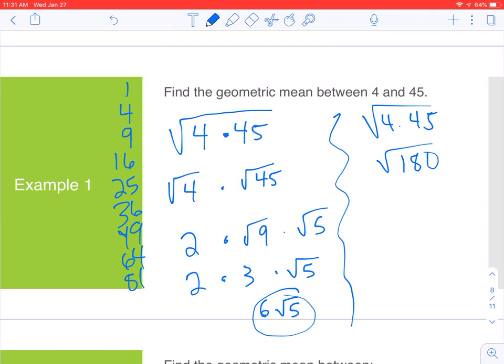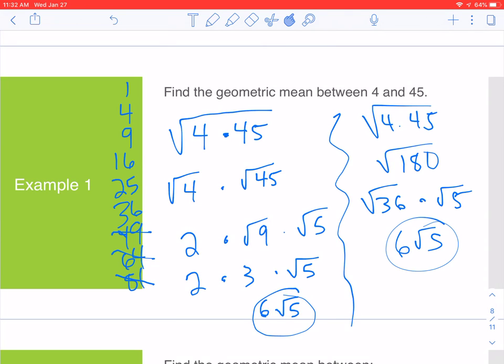If you are unsure of what goes into 180, you take your calculator, do 180 divided by 81, comes out as a decimal. 64 comes out as a decimal. 49. 180 divided by 36 is 5. So I'm going to have those two numbers, and then I reduce it, and I get 6 root 5.